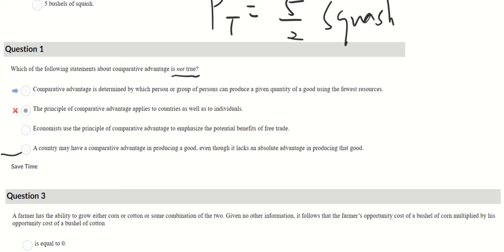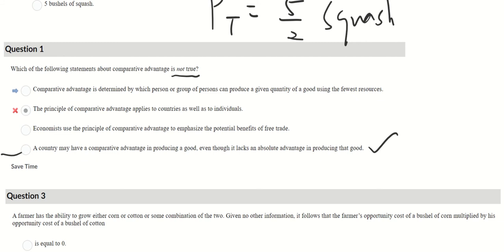That statement is true, because if you remember the example we used in class, the U.S. has both absolute advantage in the production of both computers and wheat, and Japan actually has a comparative advantage in the production of computers, right? So it is possible for a country that doesn't have any absolute advantage to have a comparative advantage in one good.